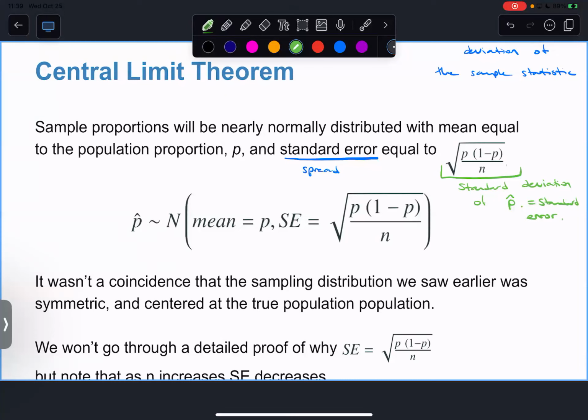So that's going to be the spread around p hat. And from the 68, 95, 99.7 rule, which we can use because we have a normal distribution, we know that we can fit roughly 3 standard errors underneath the curve before the area gets super small.